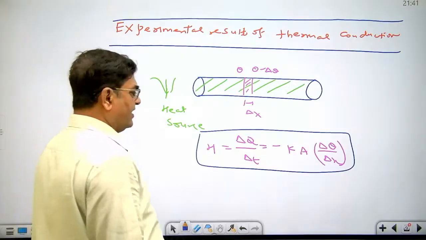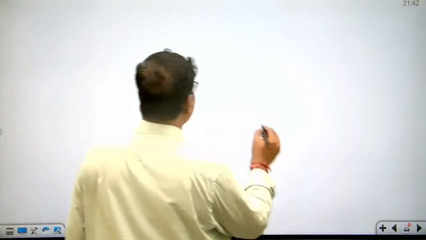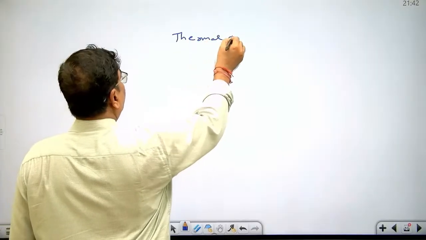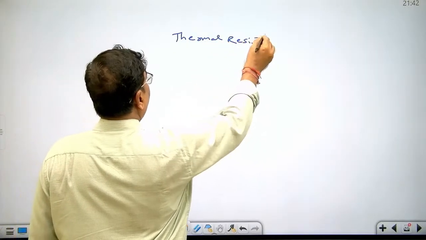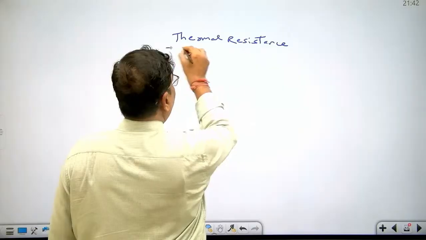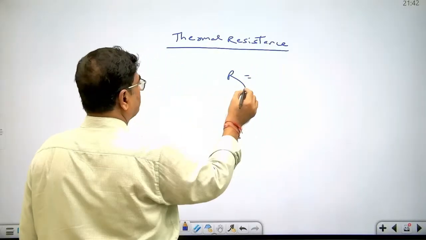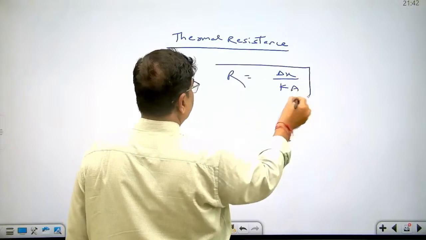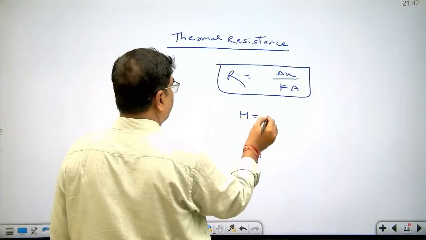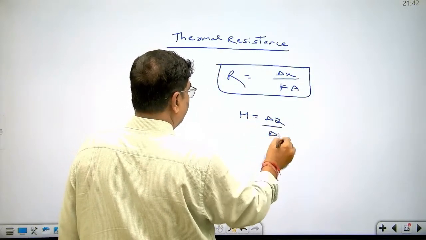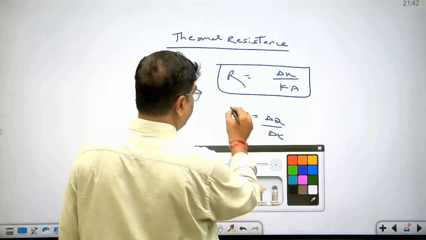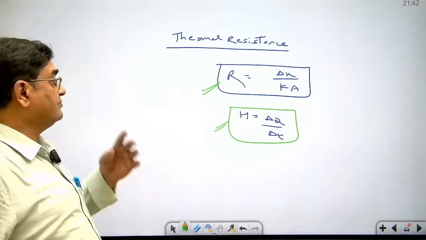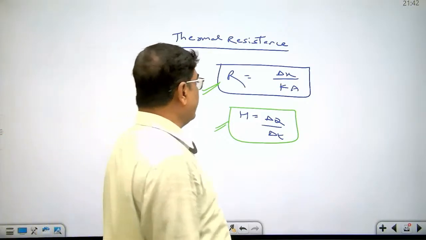And what is thermal resistance? Thermal resistance R equals delta x upon K into A. This is thermal resistance, and this is heat current, delta Q upon delta t. And what is the value of K?